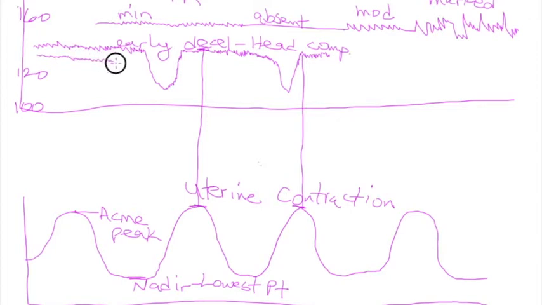Now, variable decelerations can occur at any time, and they're usually benign, not problematic. They can happen before contractions while the uterus is relaxing. Due to cord compression.